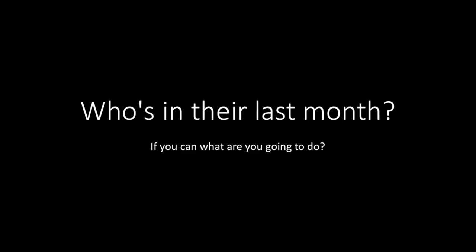So one of the things we want to know is who's in their last month. You know, who's in the last month of their contract, because if they've not been in, we may not think about following up. Now, I know some of you auto roll over so that after 12 months, someone has to inform you that they want to cancel.